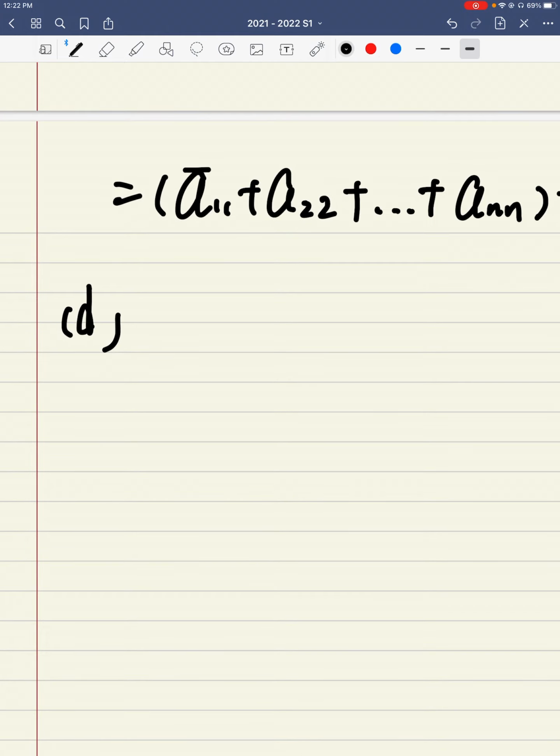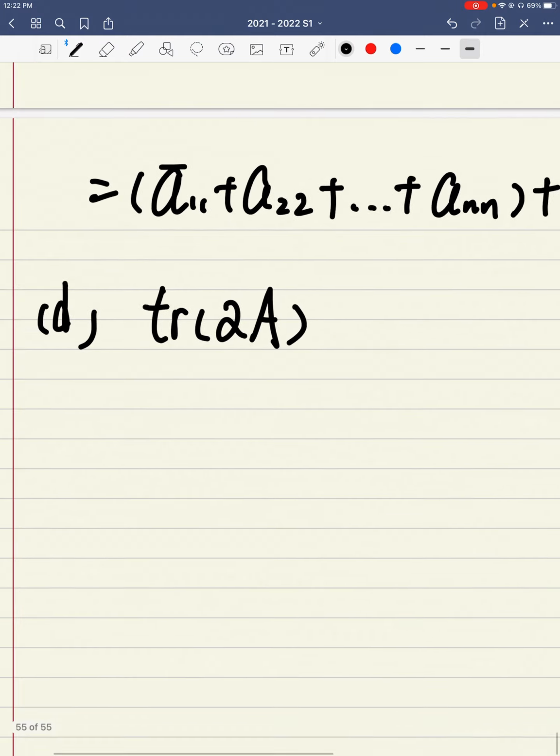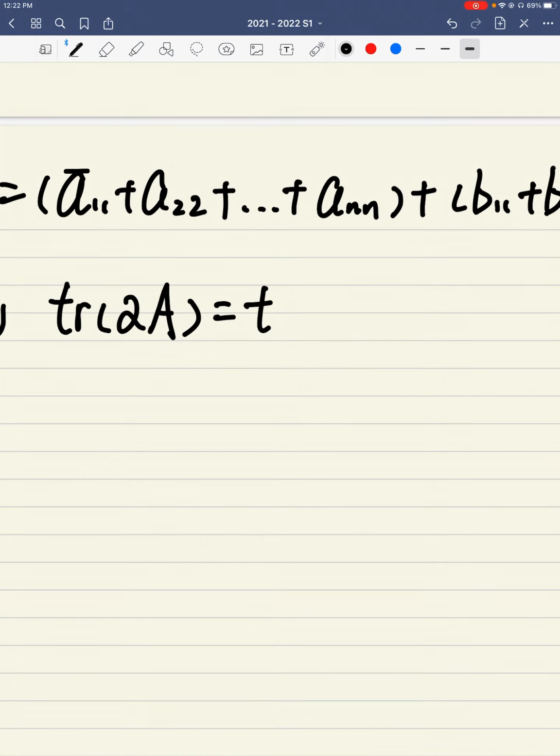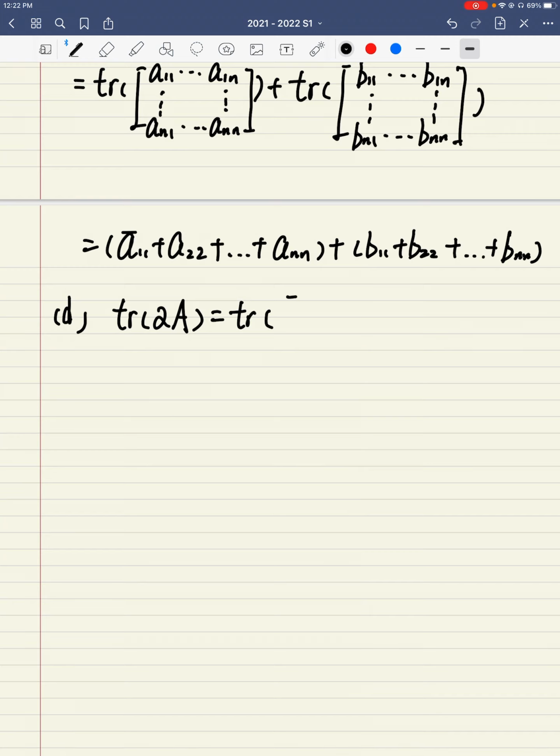It's just the trace of the matrix alpha A, which is alpha A11 all the way to alpha A1n, down to alpha An1 and alpha Ann.